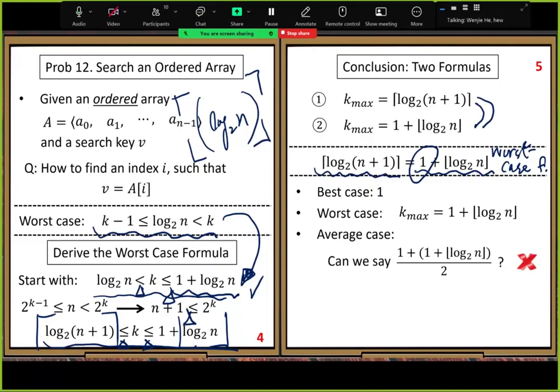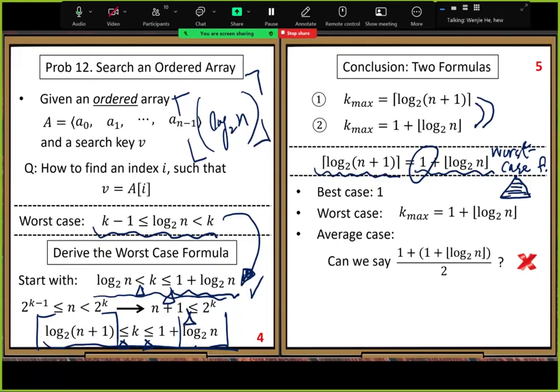Why is the answer no? Because if you look at all the cases distributed, it's not in a linear distribution. Later you will see we need to draw a binary tree to cover all the cases. The binary tree is like a pyramid, right? The binary tree has many levels.